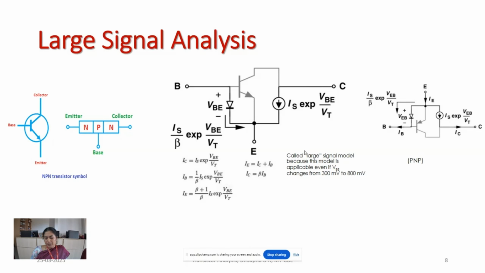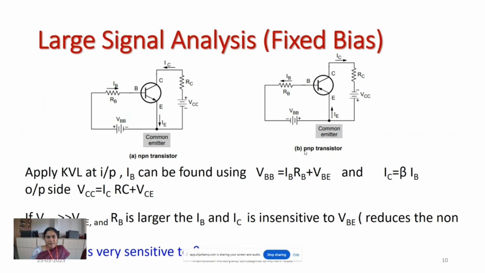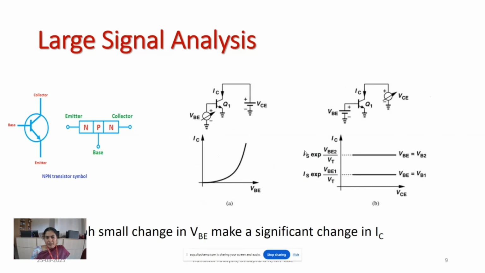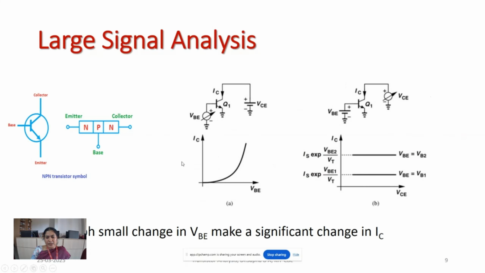It mainly depends upon the base current. This also has a significant effect on the value of beta. We know beta ranges from 50 to 200. So it is very sensitive to beta values, and we can say that it is not stable.